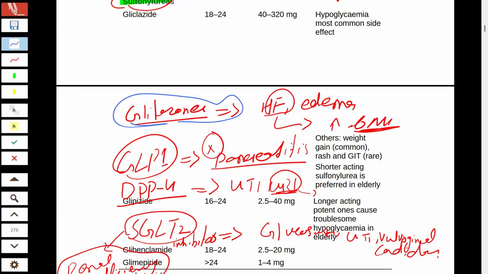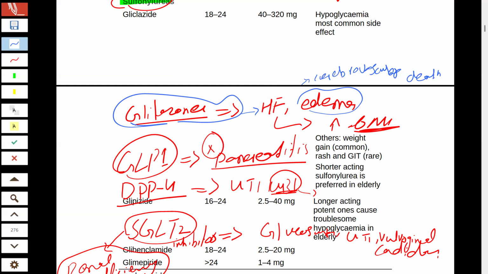If the patient already has heart failure or an edematous condition, avoid glitazones in this patient group, because this will cause increased risk of MI and cerebrovascular death, as well as heart failure, and lead to edema as well.